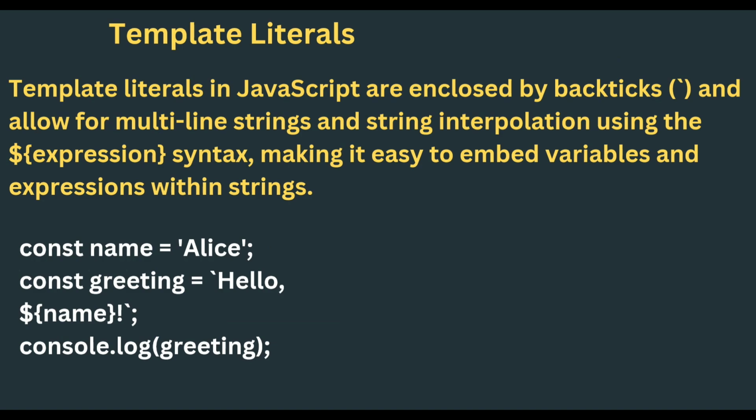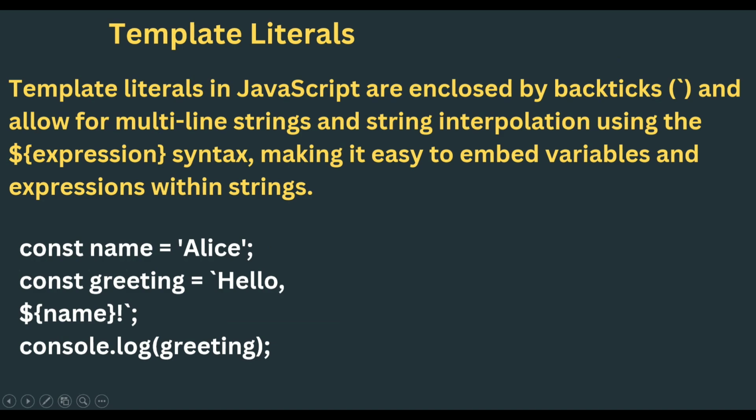Template literals in JavaScript are enclosed by backticks and allow for multi-line strings and string interpolation using the dollar sign and braces syntax, making it easy to embed variables and expressions within strings, like constant name alias, constant greeting hello dollar name. It prints the name and greeting hello. This is all about template literals.